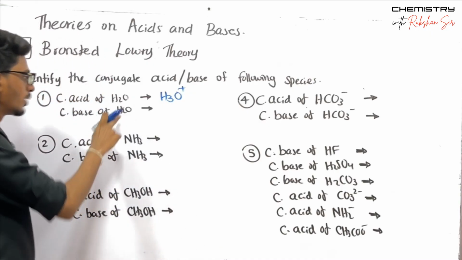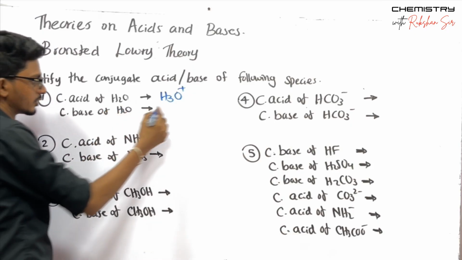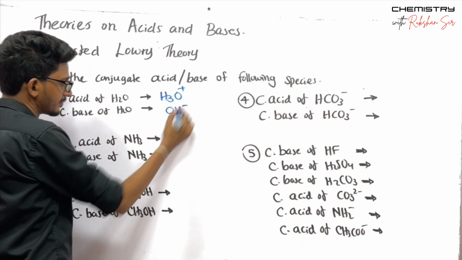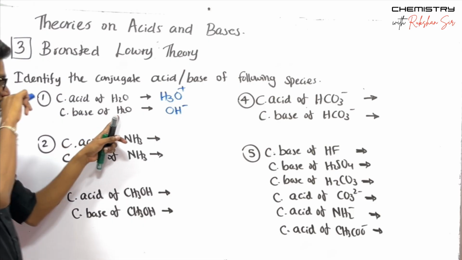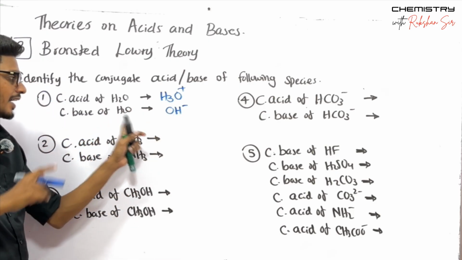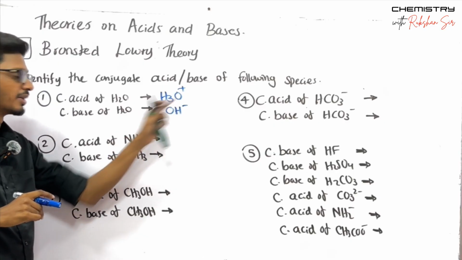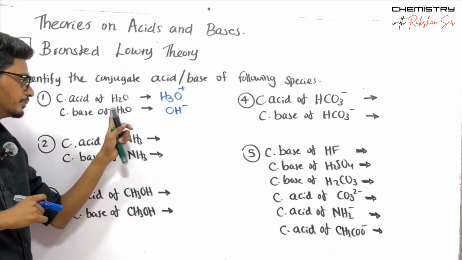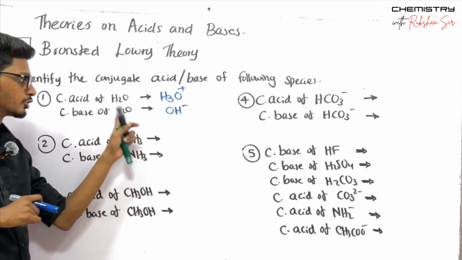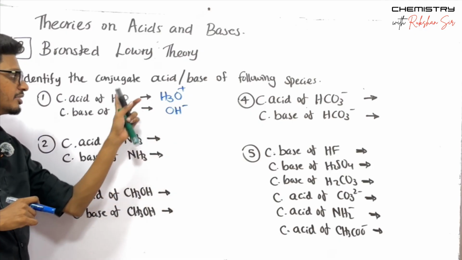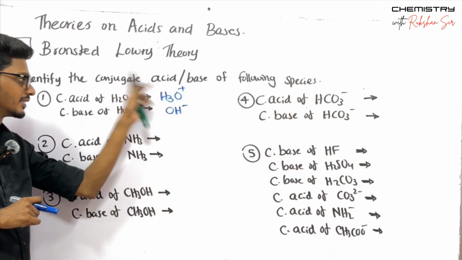So just remove an H plus from this and write. That is OH minus. Removing an H plus gives you OH minus. The difference between the two should be just an H plus.